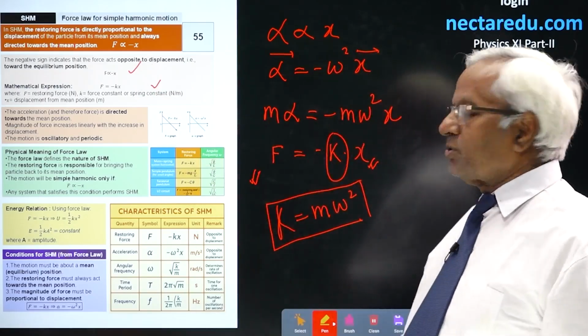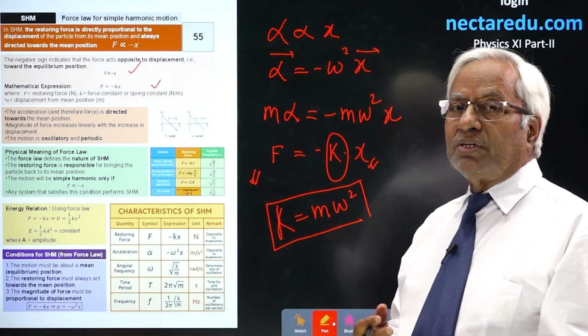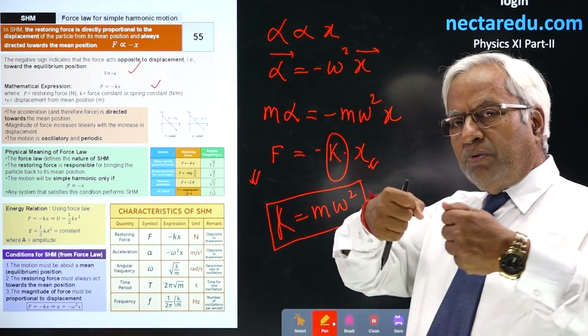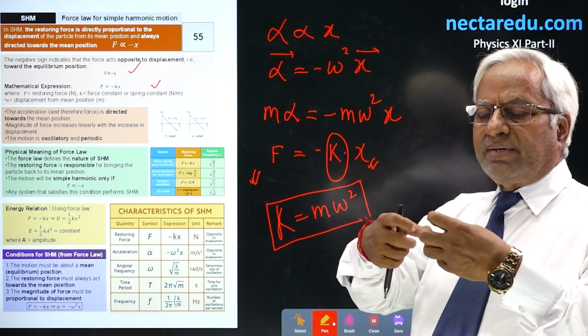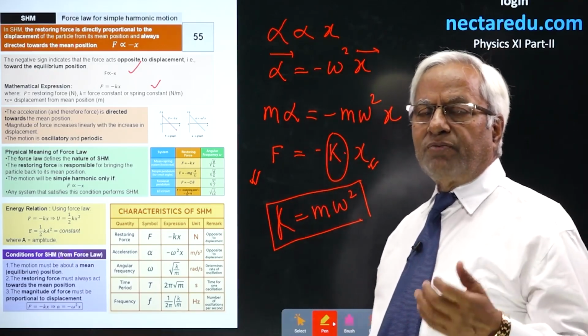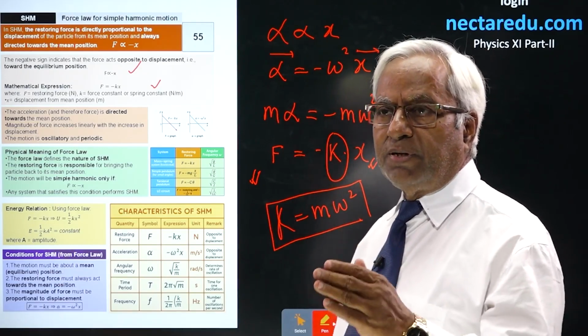K is known as force constant, as you notice in the case of a spring. When a spring is pulled or even compressed, then a force acts that tries to restore it, and that force is directly proportional to the displacement.